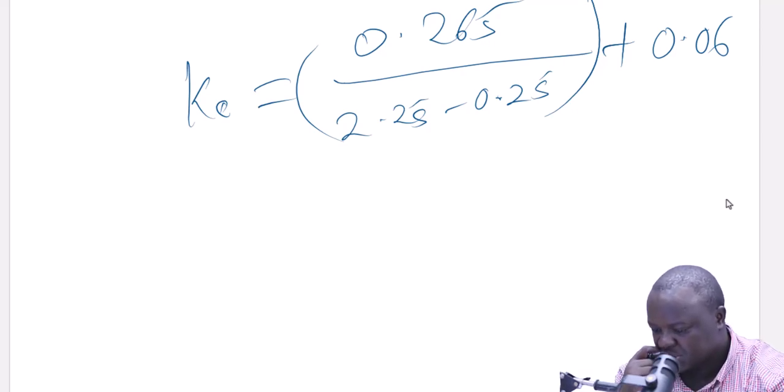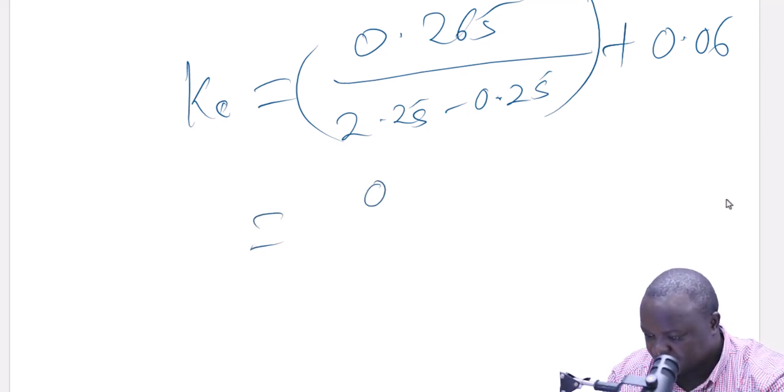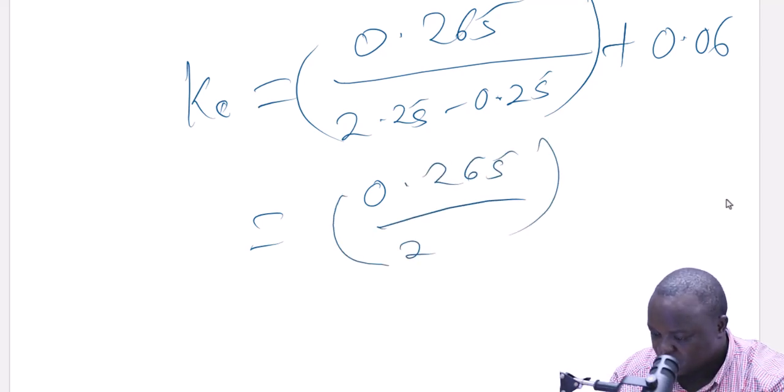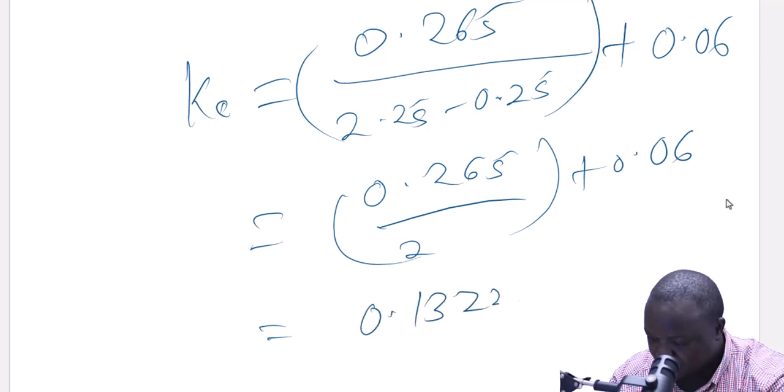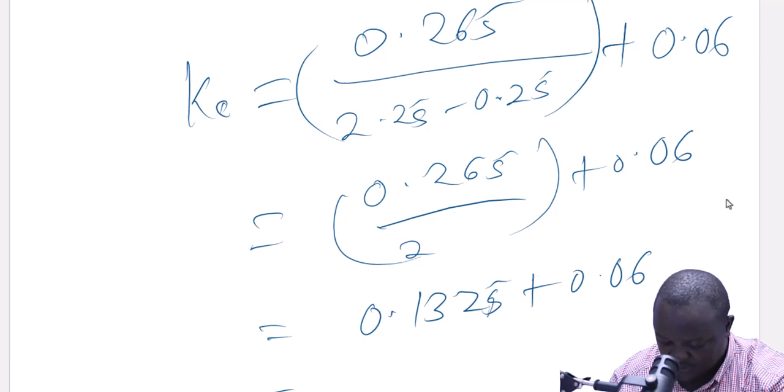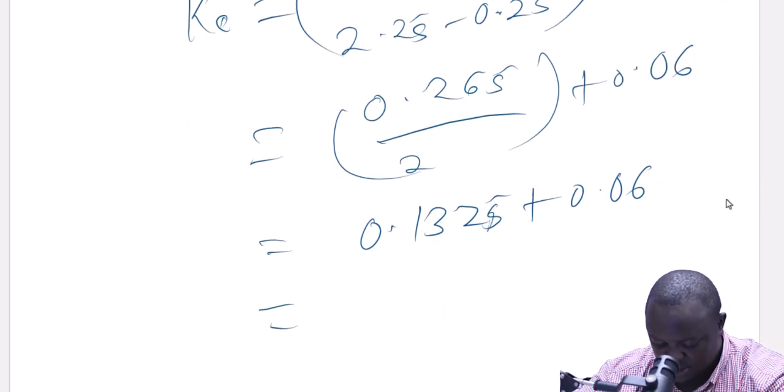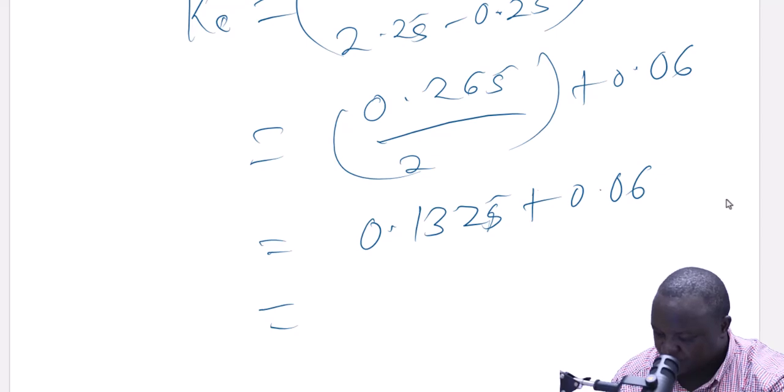So we get 0.265 over 2, plus 0.06. 0.265 divided by 2 is 0.1325, plus 0.06, that will be 0.1925.